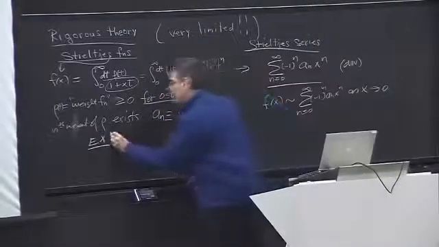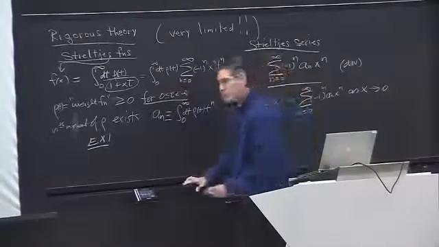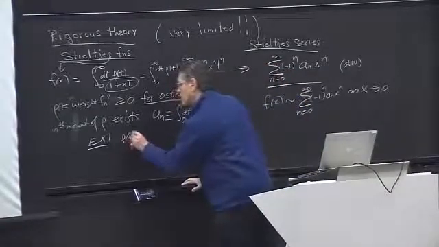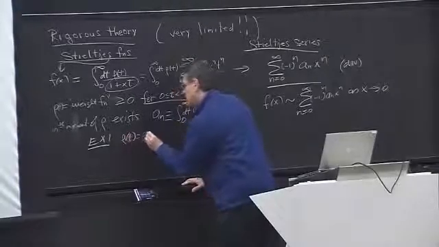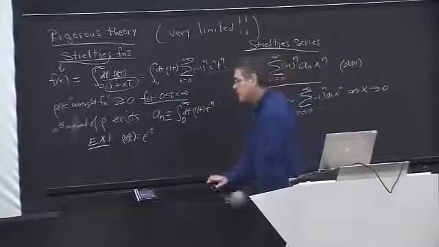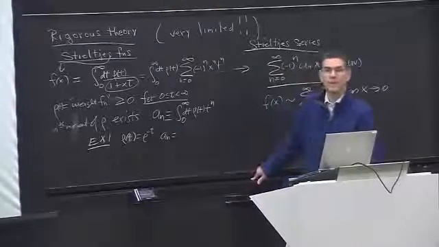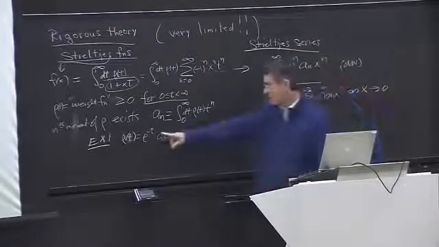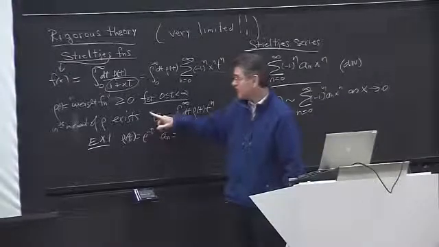One example of a Stieltjes function would be to take rho of t to be e to the minus t. In this case, what is a sub n? You see, this is a positive function, and its nth moment exists.